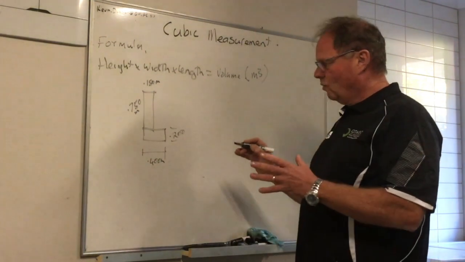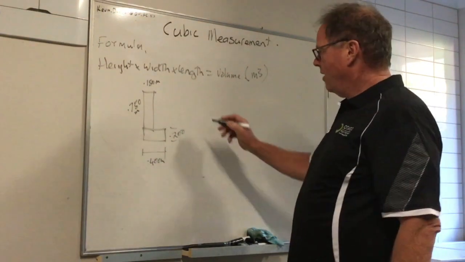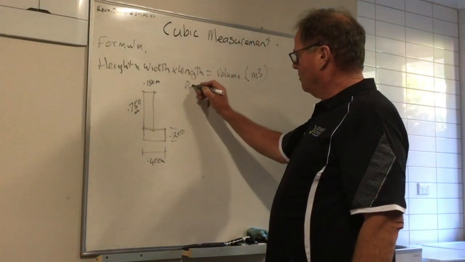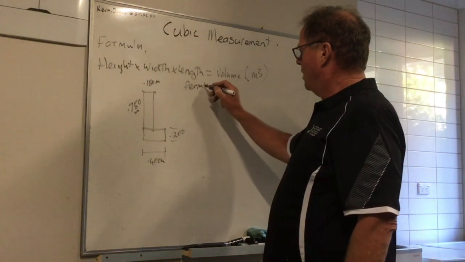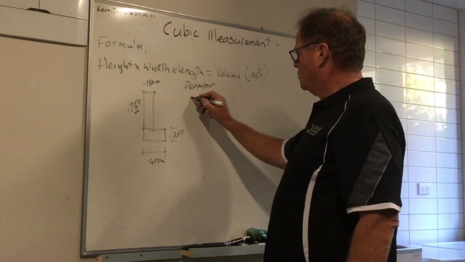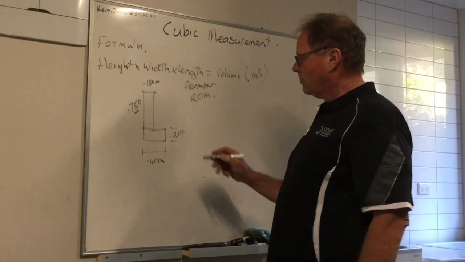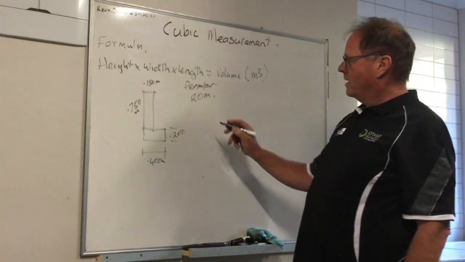If that's what our cross section is, and then the perimeter around the building, we've done perimeter before. Perimeter is 20 metres.